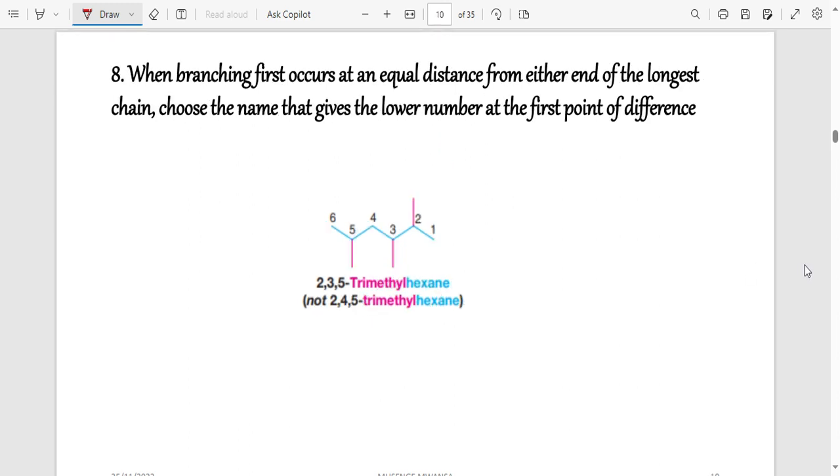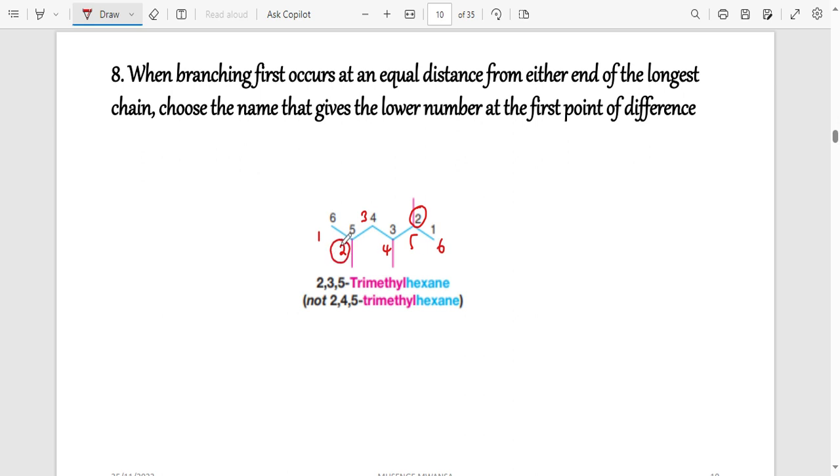That becomes the name. When branching first occurs at an equal distance from either end, choose the name that gives the lower number at the first point. If you start counting from this direction, you can see the first branching is a 2. If I started from this direction, 1, 2, 3, 4, 5, 6, the first branching is still a 2.